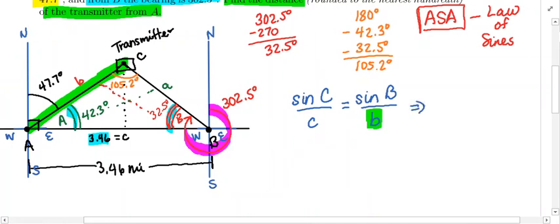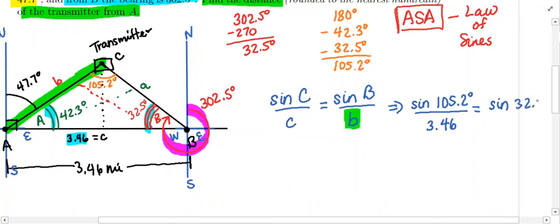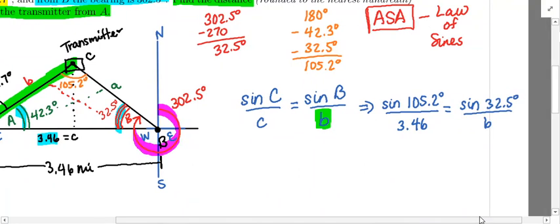So this is going to give us the sine of angle C, that's 105.2 degrees, over side length C, that's 3.46. That's got to equal the sine of B. Angle B is 32.5 degrees over our unknown B. So we have one fraction equal to another, so we need to cross multiply.